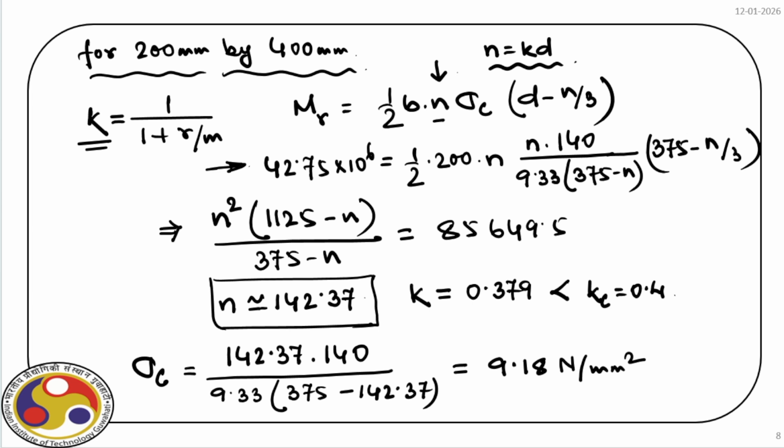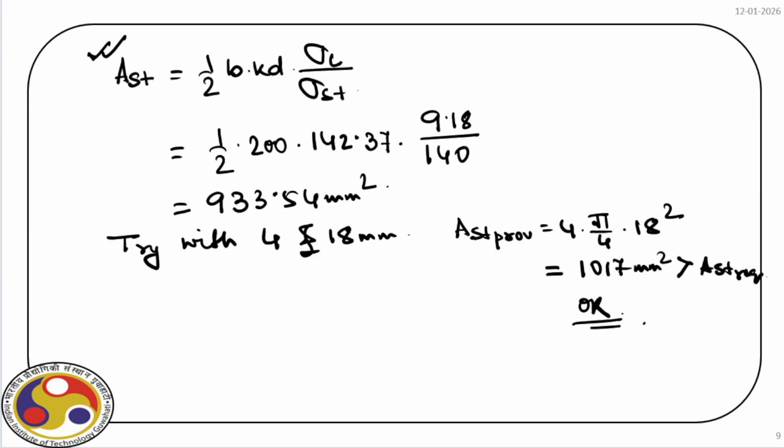And in this case, we get that 4 bars of 18 millimeter will be sufficient. Now recall, we started with 400 as the total depth, minus the diameter of the bar, say 9, and then if we provide 15 millimeter clear cover, we have 376 millimeter as D effective.